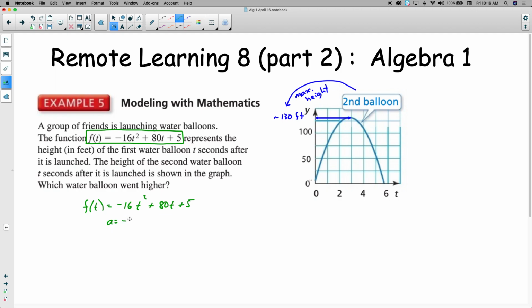A is negative 16, B is positive 80, C is 5, but I don't need it. The vertex's x coordinate is negative b over 2 times a.